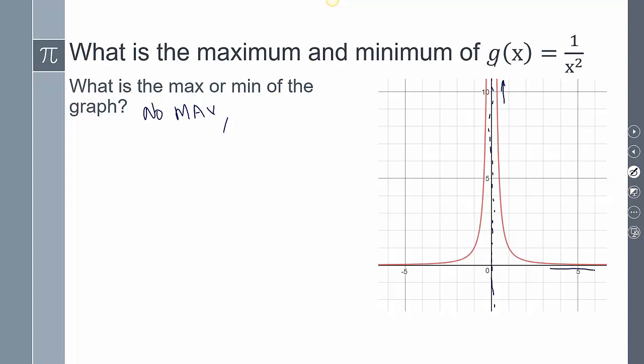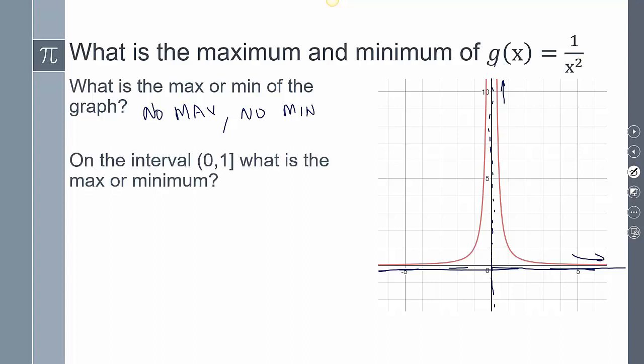We also know that we have an asymptote right here at 0. And so we know that this is approaching 0. Is it ever going to get to 0? The answer is no. And so there's no minimum, just for the blanket graph.